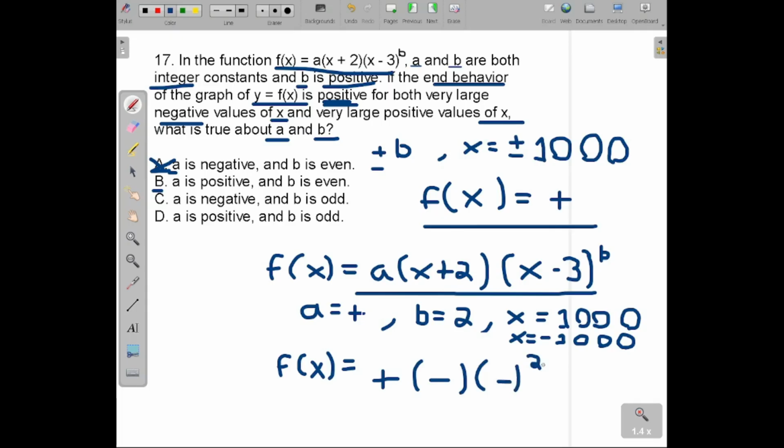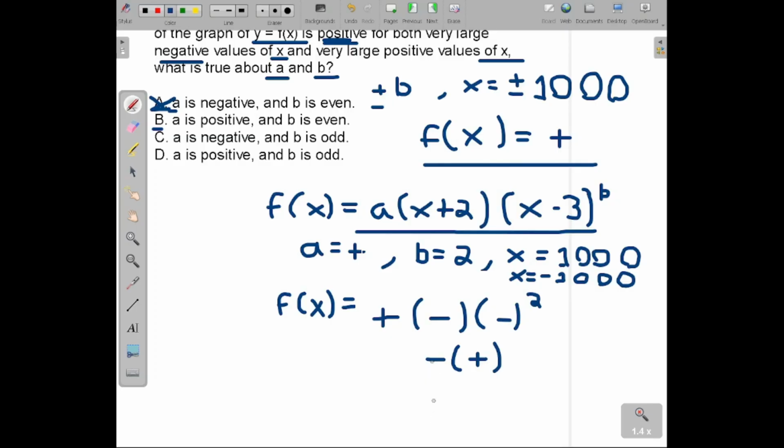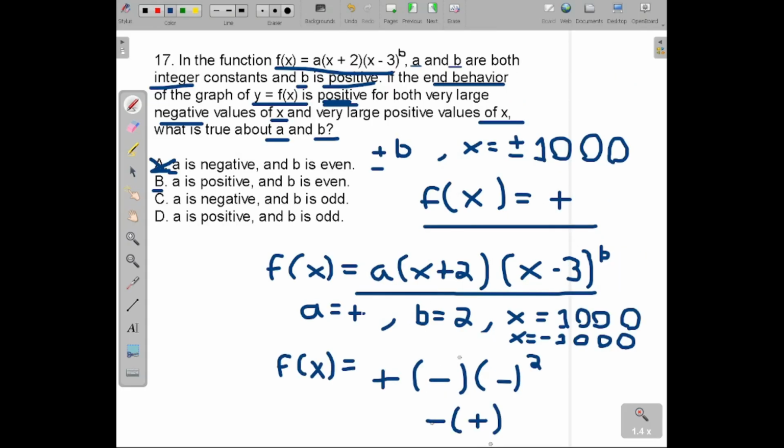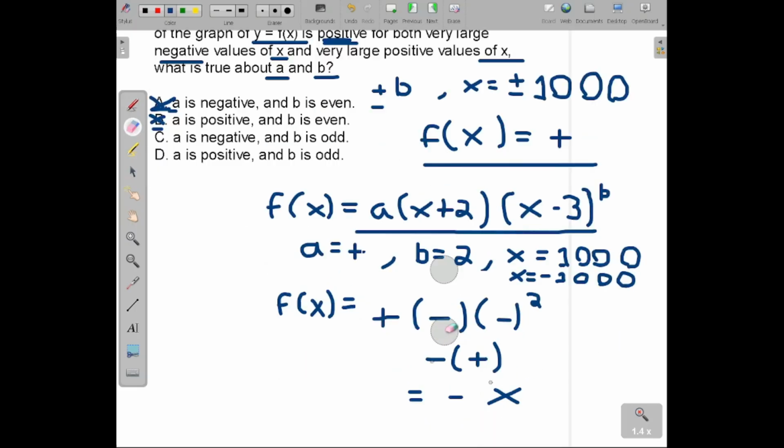And b is 2. So positive times negative is negative. Negative squared is positive. Now negative times positive is negative. This is not allowed. So B cannot be the right answer.